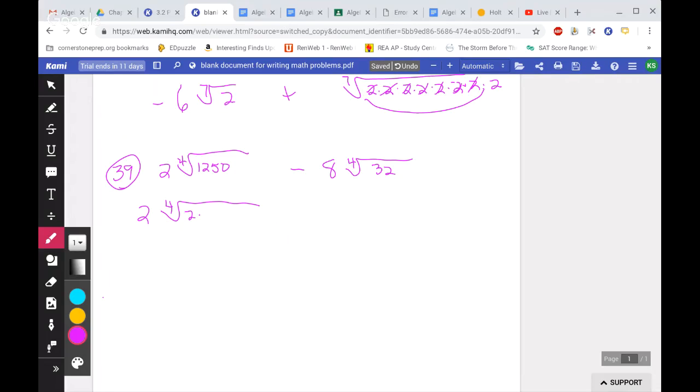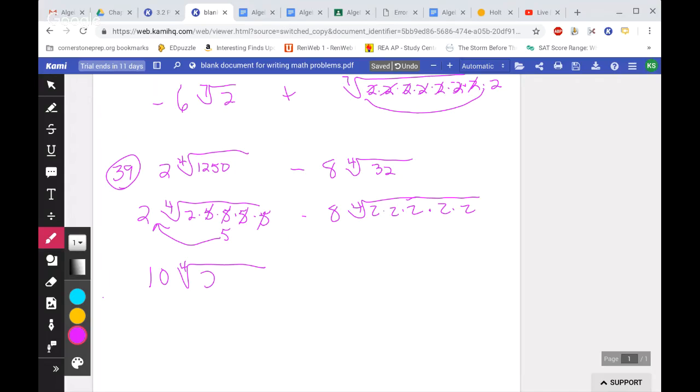One, 2, 3, 4. So I'm going to pull things out in sets of 4. That's a 5. I can pull this 5 and it gets multiplied to the 2, so that makes that 10.